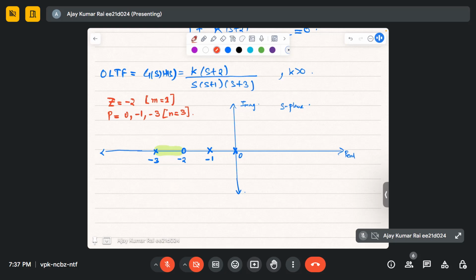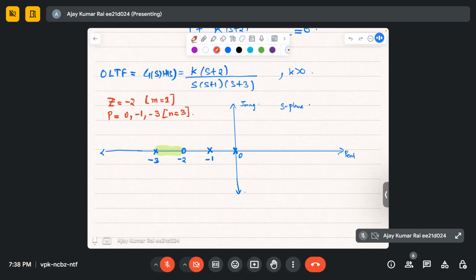Again, if I choose a test point here, on the right hand side of this test point there are 2 open loop poles and zeros, the number is even, so no root locus exists in the range minus 2 to minus 1.